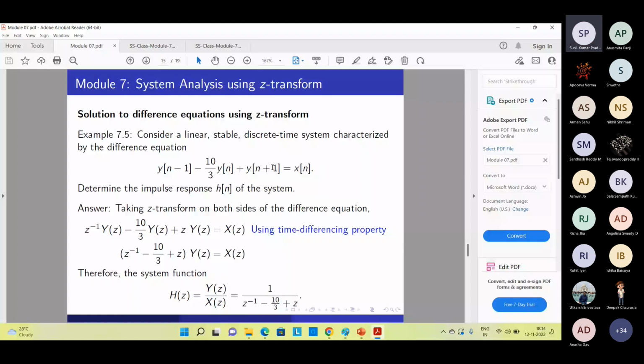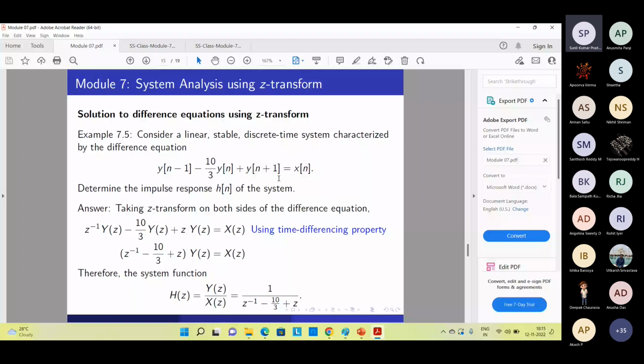Now if this kind of question is asked, and it is asked to solve it using the z transform, what you need to do is take the z transform on both sides, and find your H of z. And what is H of z?